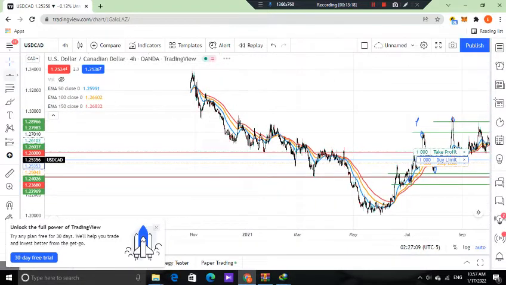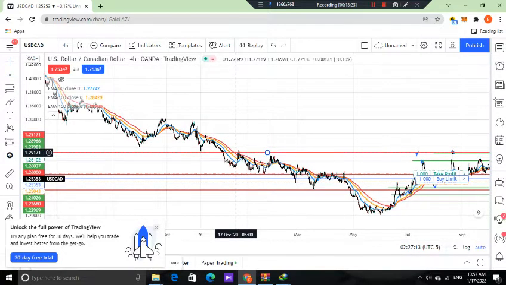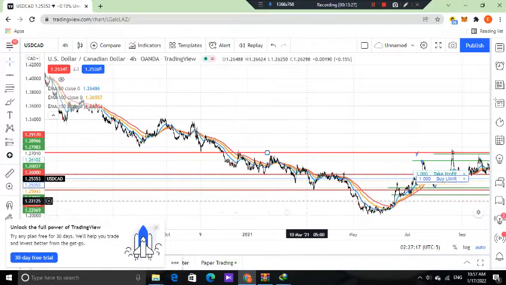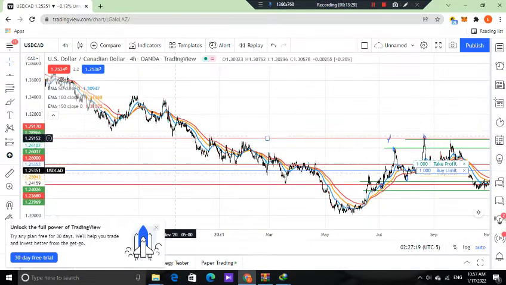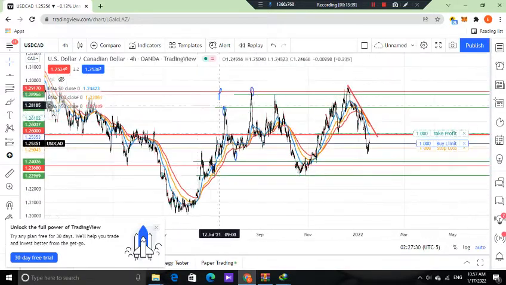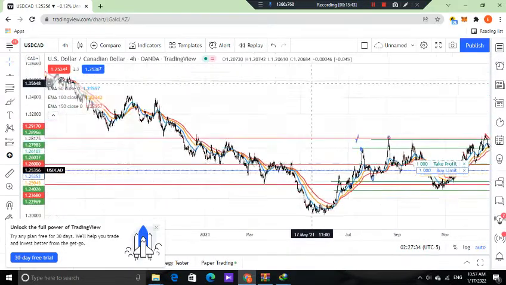So round numbers are good indicators and a good help to realize and determine support resistance areas. This one at this point was support, and here resistance. They are so handy and helpful actually.